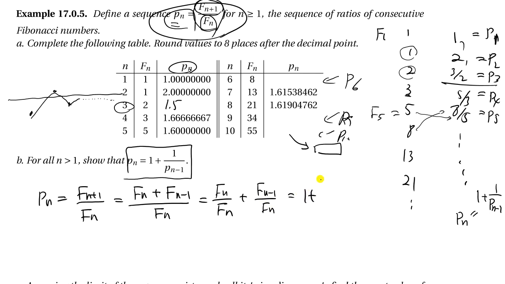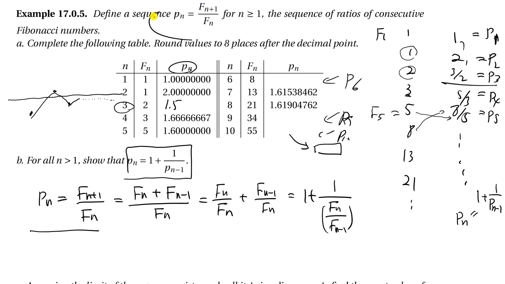So it's 1 plus Fn minus 1 over Fn, or when you take the reciprocal of it, it's 1 over Fn over Fn minus 1, right? But when you look at the definition of that P sub n, if you just reduce those indexes by 1, then this is the same as P sub n minus 1. So altogether, it's 1 plus 1 over P sub n minus 1. Okay, so that's the proof of this one.